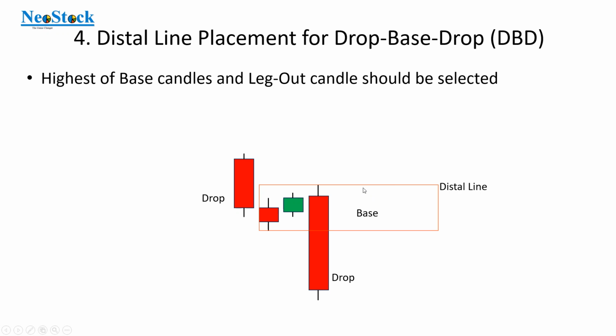And here there could be so many institutional pending orders that might again push it down. And if you consider this as the distal line, now price moved beyond this. It went up to this level and then reversed back. So what will happen? It will hit your stop loss. If the stop loss is hit, you will exit from your trade. You will get losses. That you will understand in the next session.